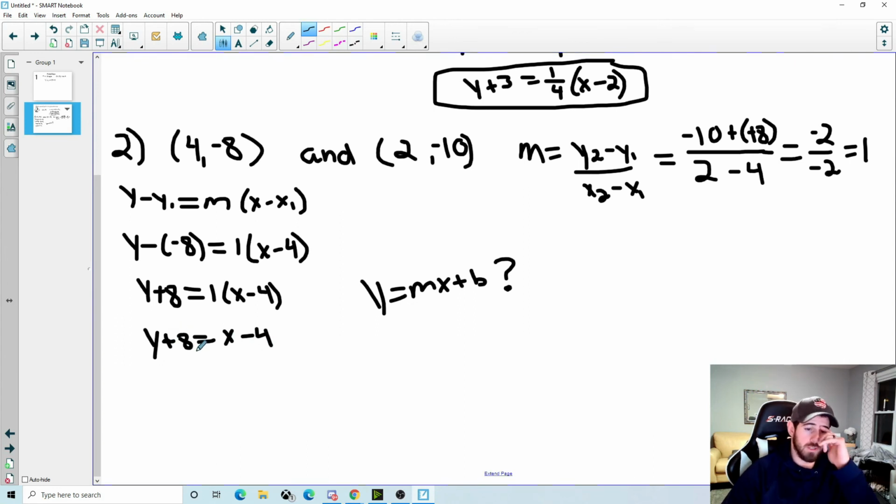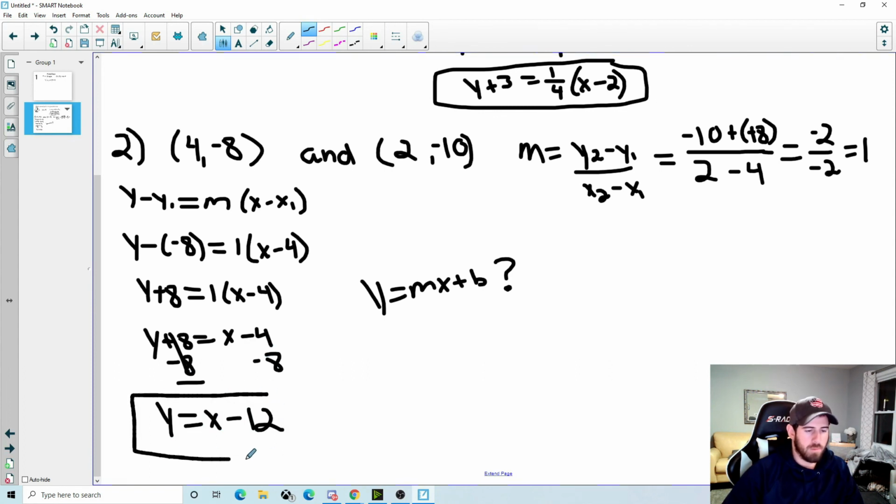We did this before in the beginning of the graphing unit. So I'll subtract 8 from both sides. They will cancel here, and I'll get y equals x minus 12.